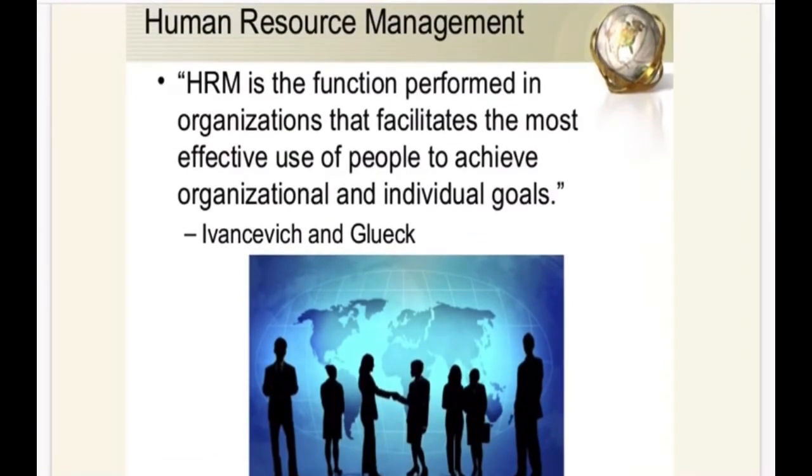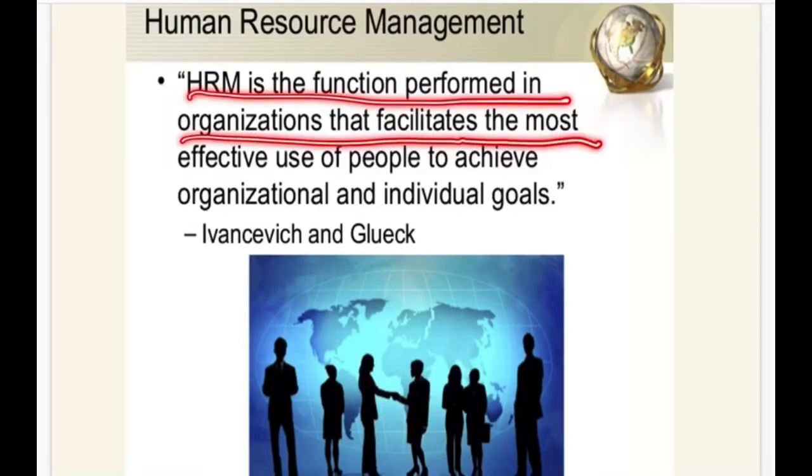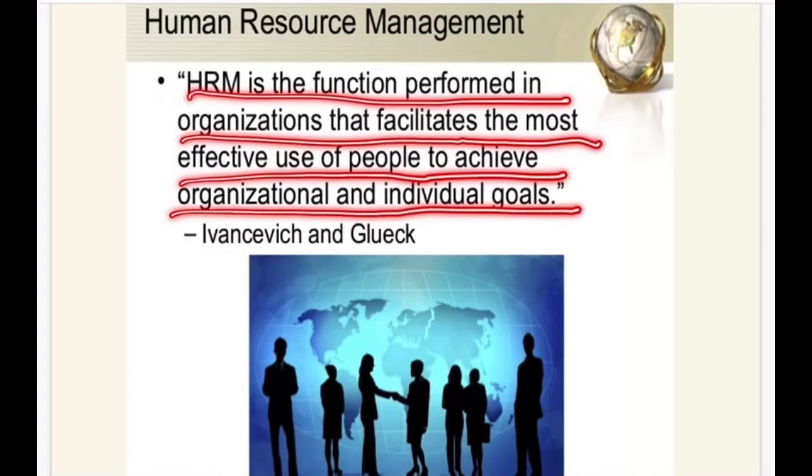Let us also see about human resource management as a definition. Once again, HRM is the function performed in organizations that facilitates the most effective use of people to achieve organizational and individual goals.